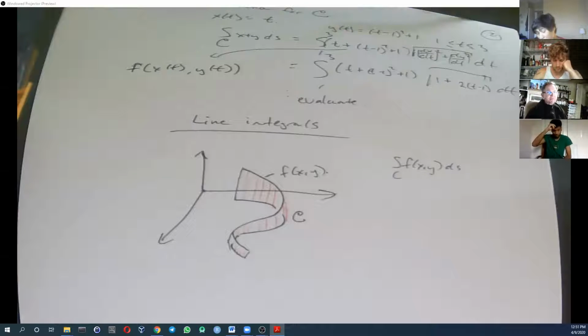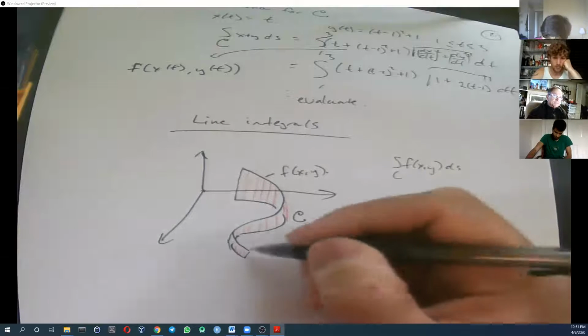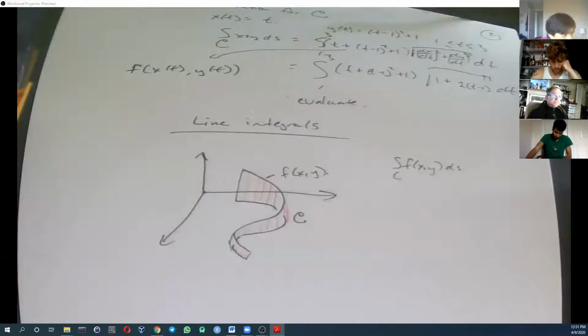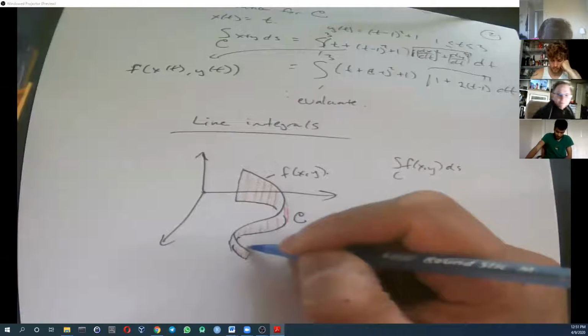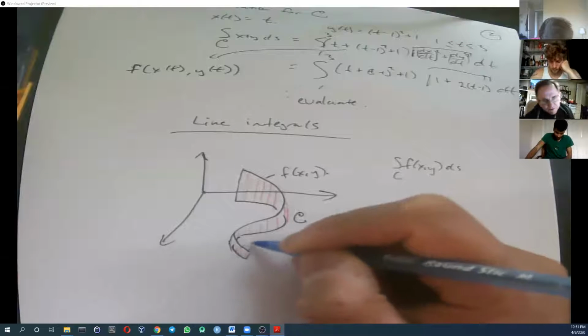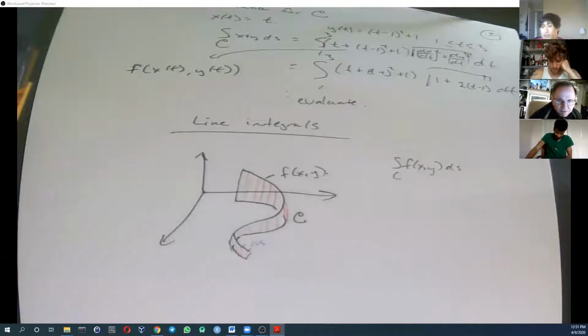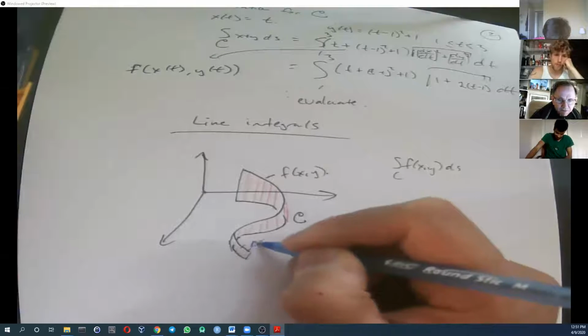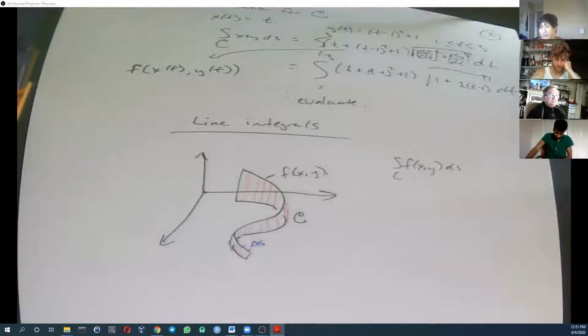So why did I care about this? Because there are 2 things that we could integrate with respect to here. I guess 3. The one that we chose is arc length. So I chopped up the curve in terms of arc length, little bits of the curve like this, and this is my differential.